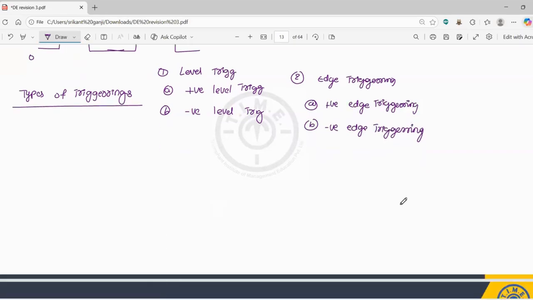Negative edge triggering responds to inputs only at the negative edge of the clock signal. Okay, so the flip-flop is a memory element.